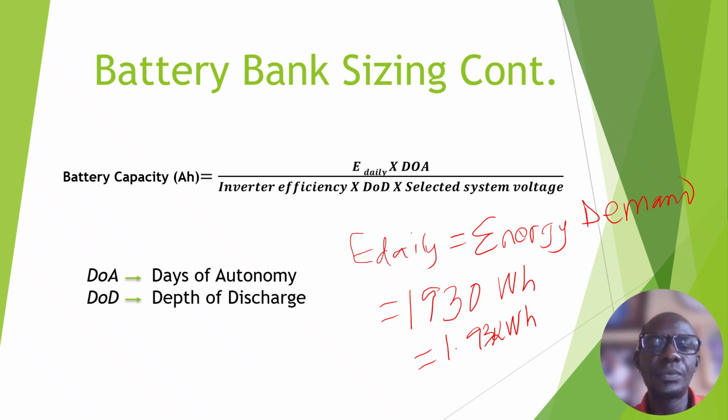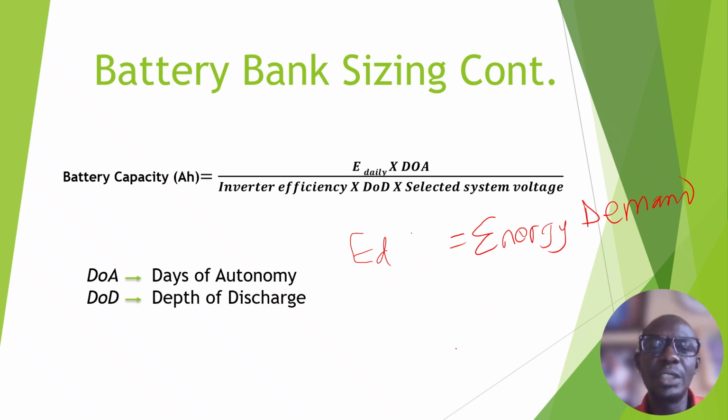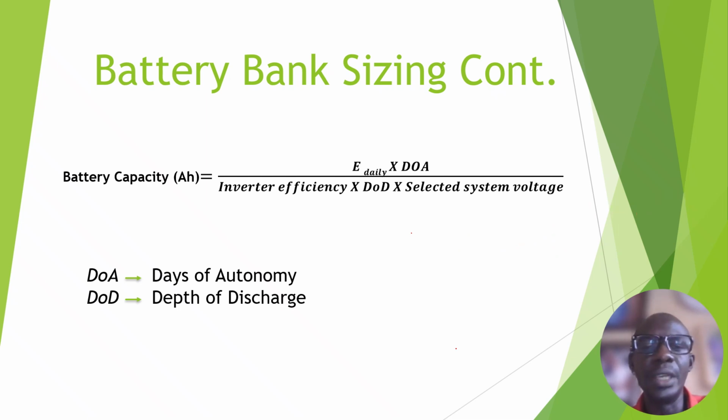Is that taken? After that, we have DOA, which is days of autonomy. What do you mean by days of autonomy? We are dealing with solar, and sometimes there may be a day when there is no sun, so how do you survive during that day?